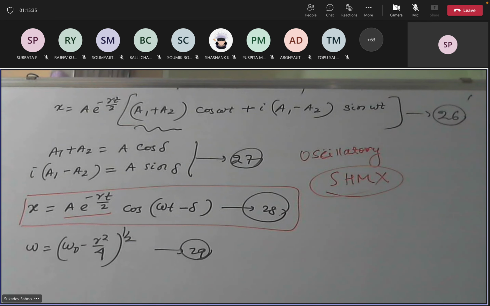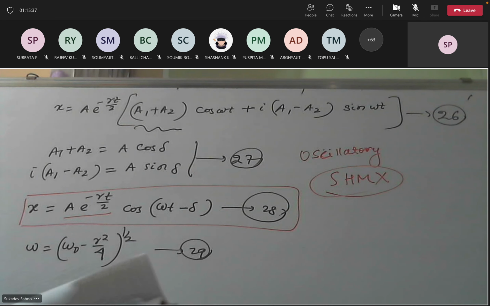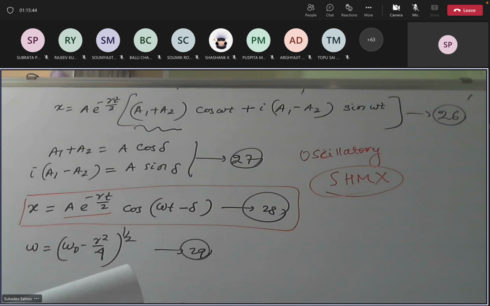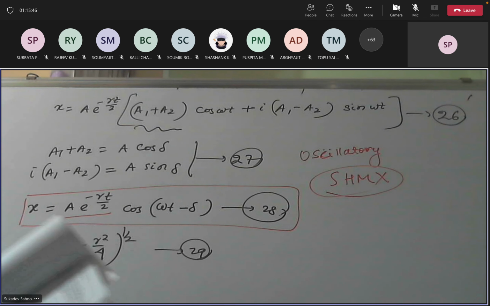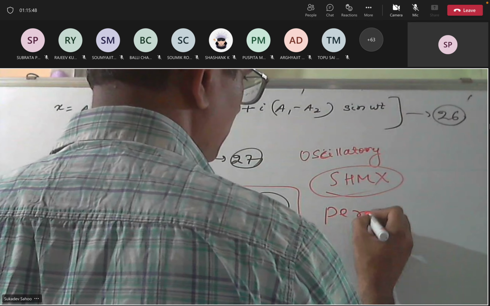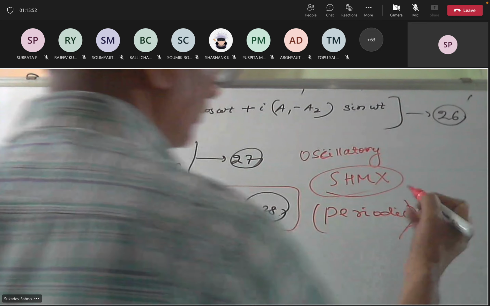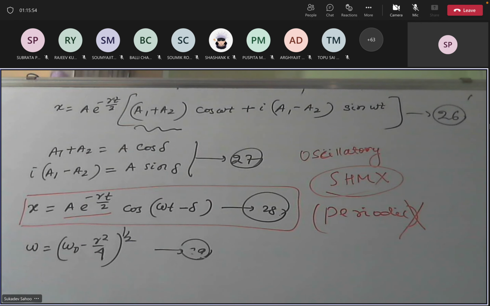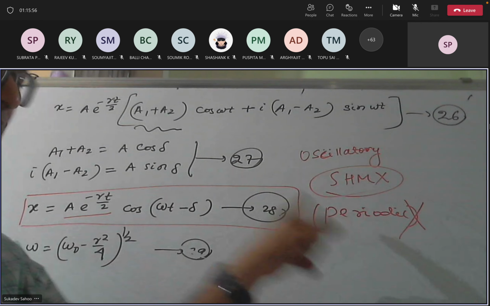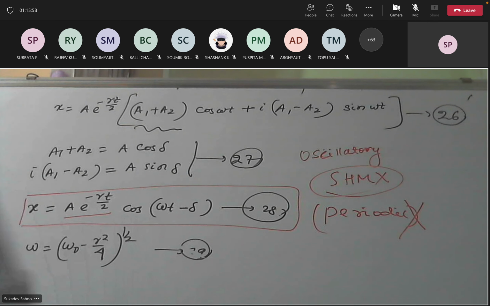Again, since its amplitude decreases, it does not repeat itself. That is why it is not periodic. It is oscillatory, not SHM, not periodic motion.